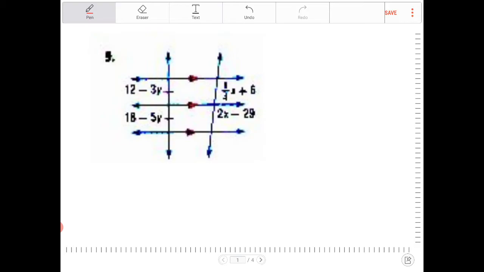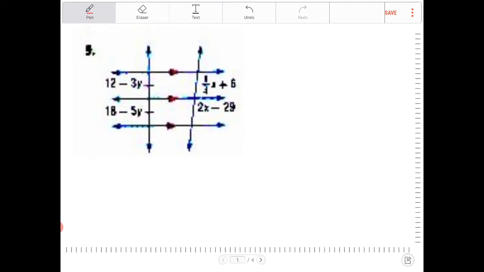So I know that 12 minus 3y over 18 minus 5y is equal to 1/4 x plus 6 over 2x minus 29.